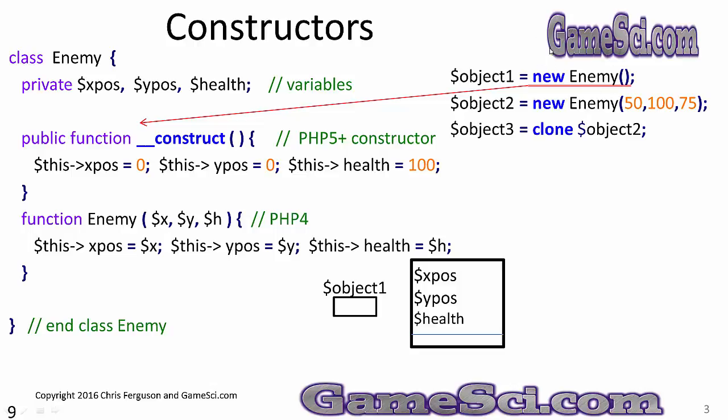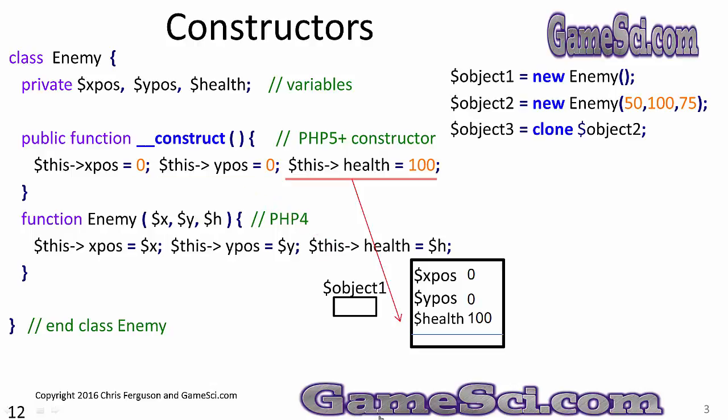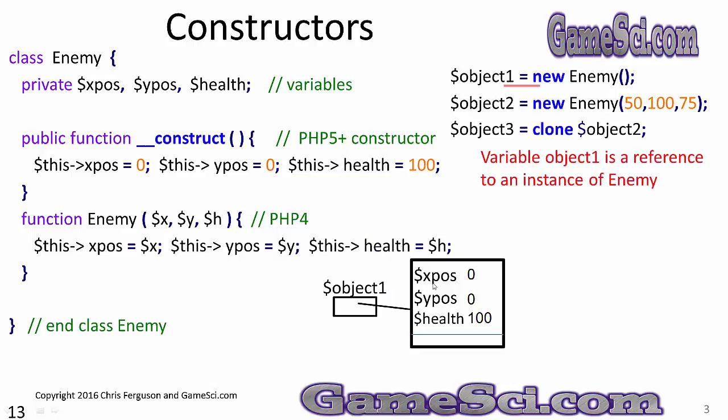It'll allocate the space for the object and then execute the constructor method, and that's what the arrow is showing you. I'm going to go run this method right now. Inside the method, we'll set this object's x position to 0. We'll set this object's y position to 0, and we'll set the health variable for this object to 100. Once it's done building the object, it'll return back to the caller.